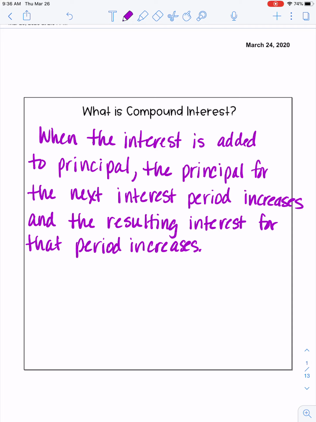I know it sounds a little confusing, but as we do problems, it'll make more sense. When you have interest added to principal, your balance goes up. That means you now have a new principal amount because your balance is higher. Then when they calculate the interest, they're calculating it on the new balance. Then you add interest, and your principal goes up again. So that's what compounding means, to keep adding on top of. That's what the word compound means, okay?